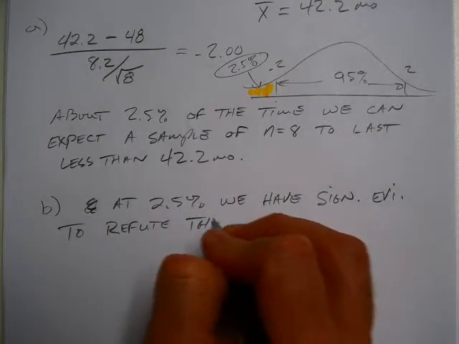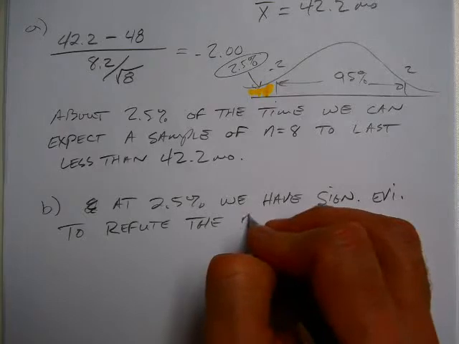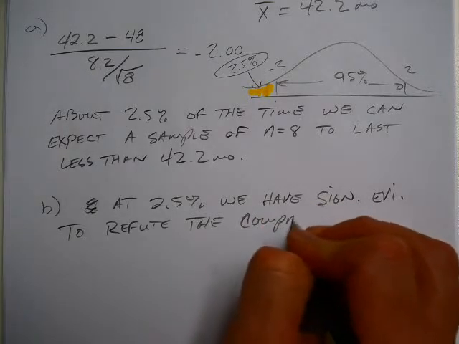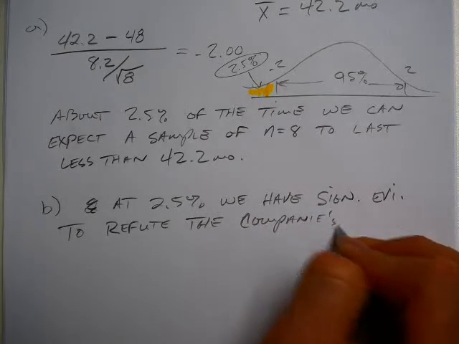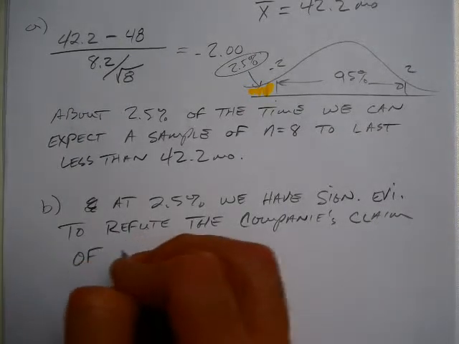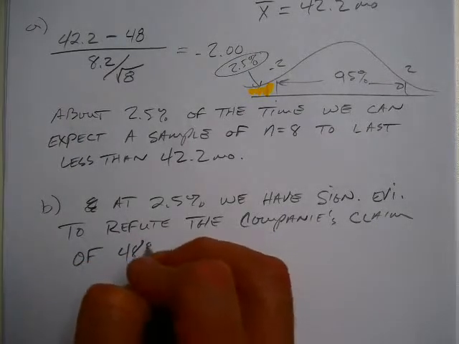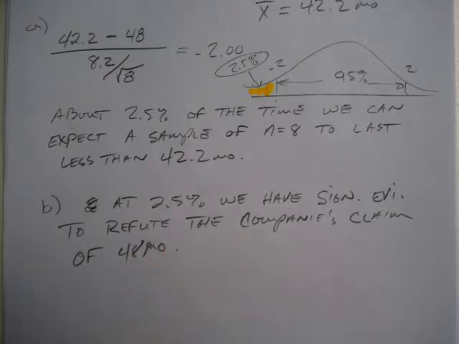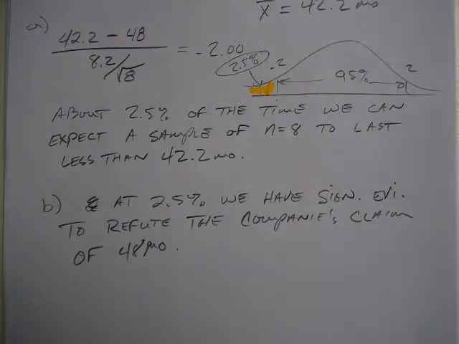Did you say no then? Yep, I'm saying no. Yeah, we have reasonable evidence to say that their claim is too long. Does that mean that their claim is absolutely wrong and there's no doubt?